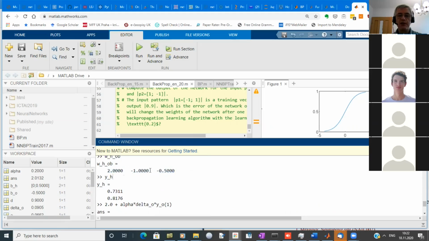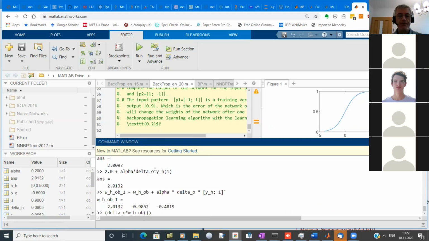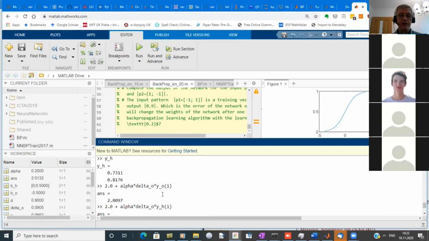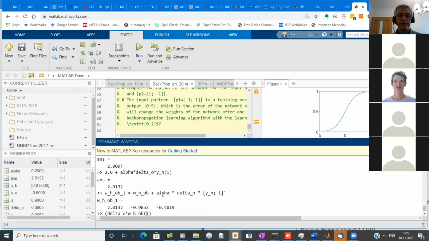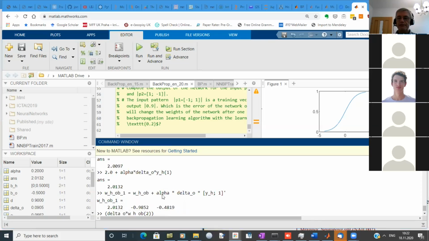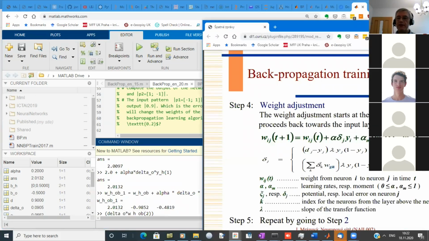It's of course this one, -1. So in the formula, here should be the second weight. This is not the general form. So now we have the first part.